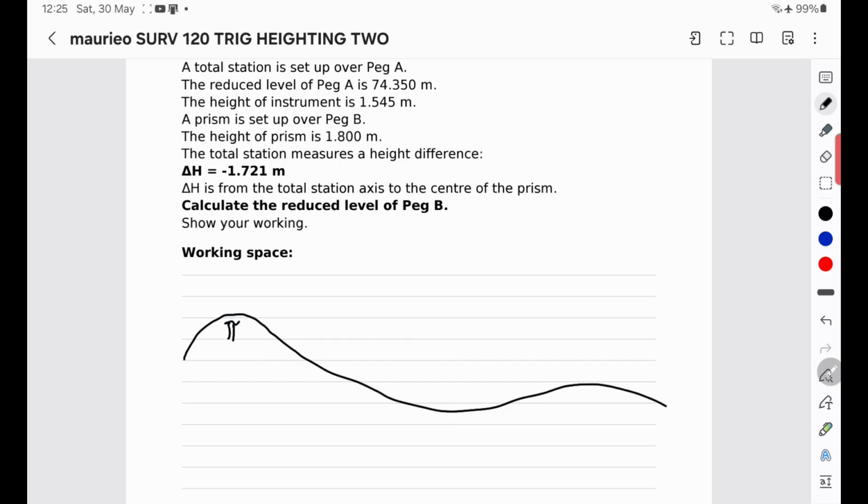This is peg A, and we've got an RL for peg A, RL 74.350. And we're going to set our total station up over A.